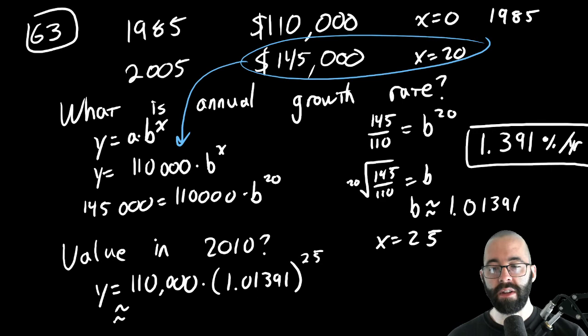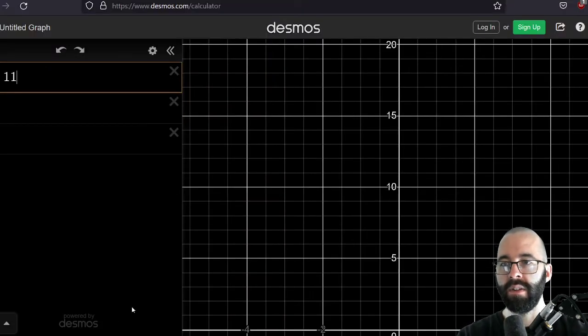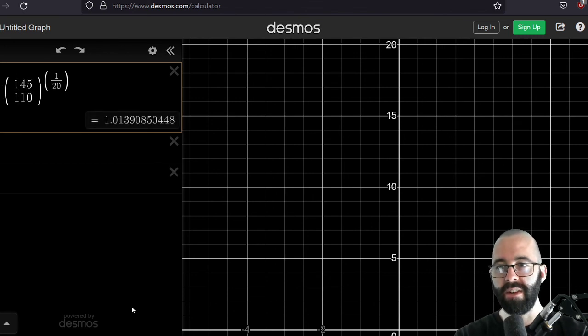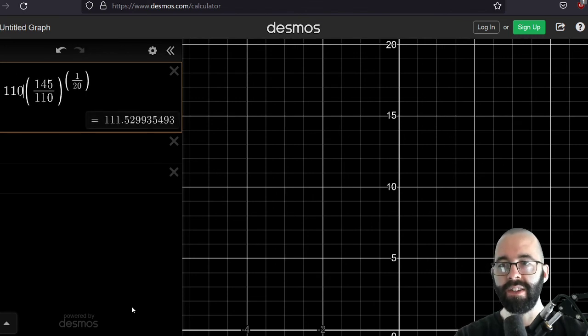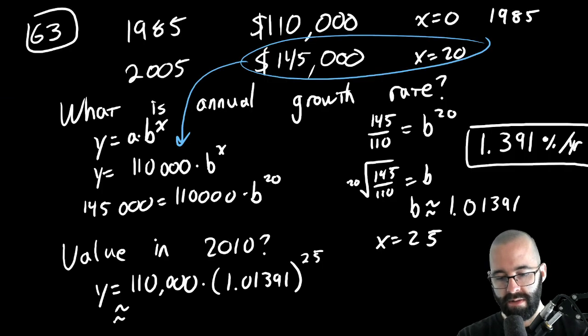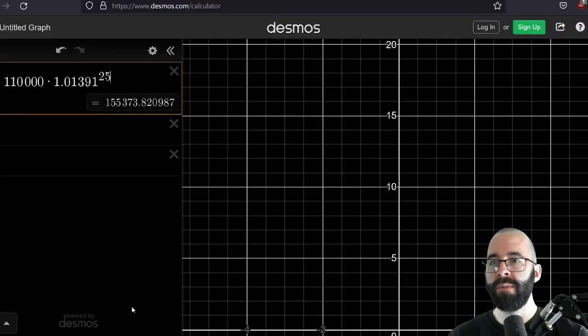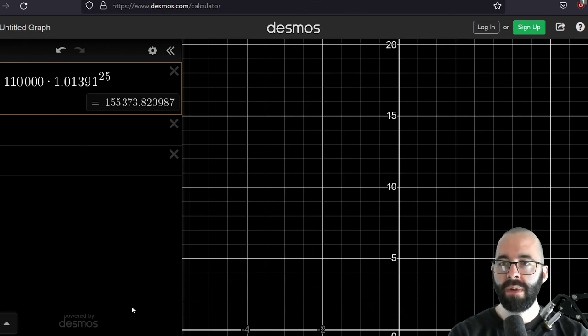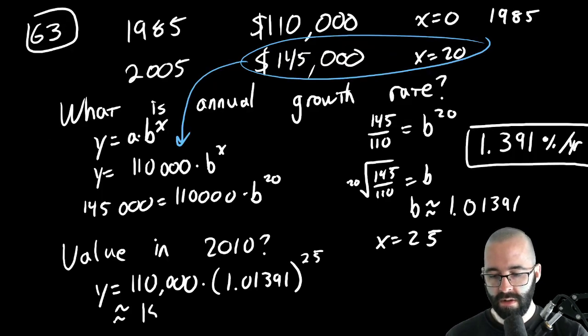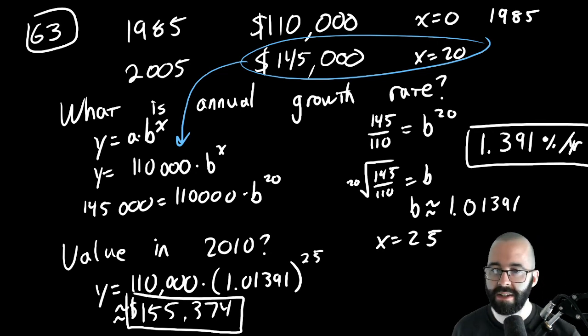And we'll round to the nearest dollar for a home. 110,000 times 1.01391 raised to the 25th power. 155,374. This is how much the house is going to be worth approximately in 2010.